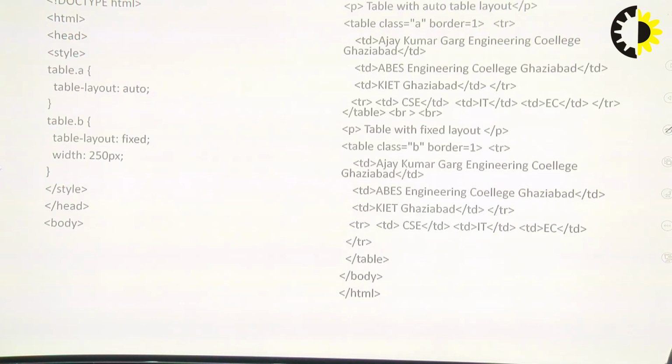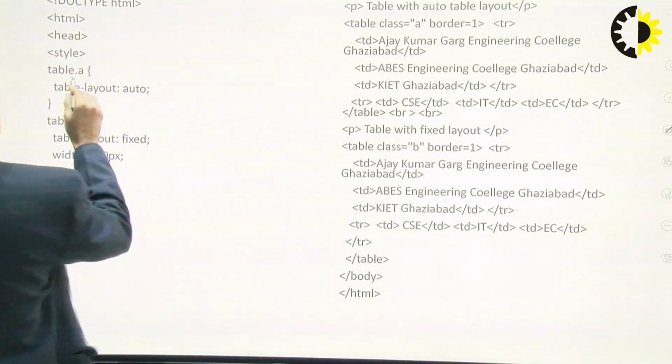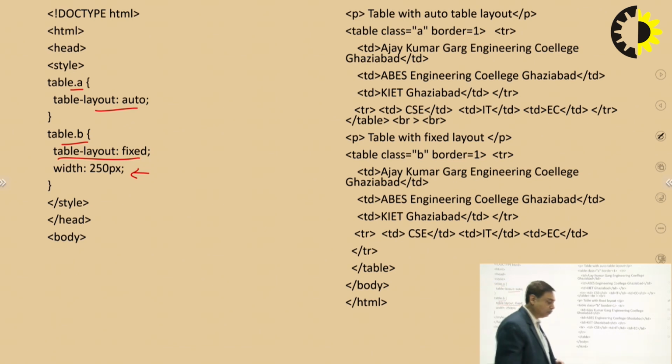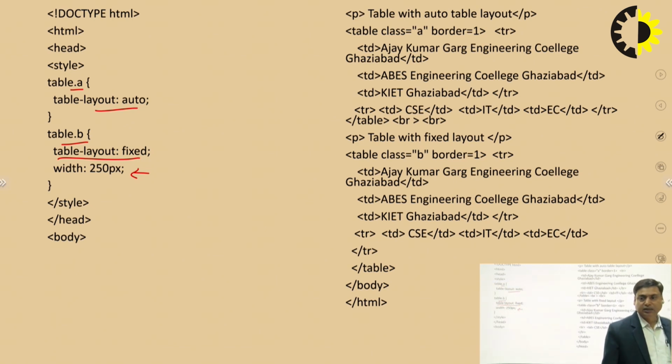So see an example. Here we are setting class A with table-layout auto, and we are setting class B with table-layout fixed, and we have set the width to 250 pixels. When we set the width of 250 pixels, it means the width of each cell will be 250 pixels.